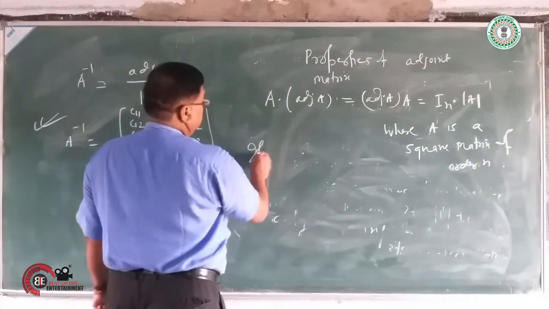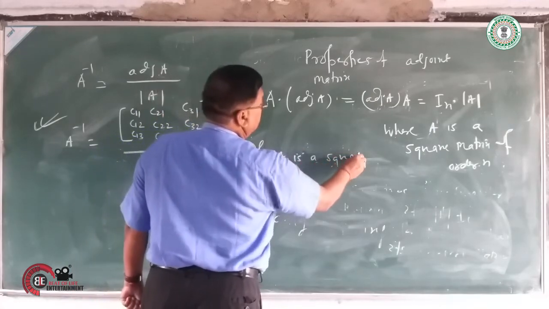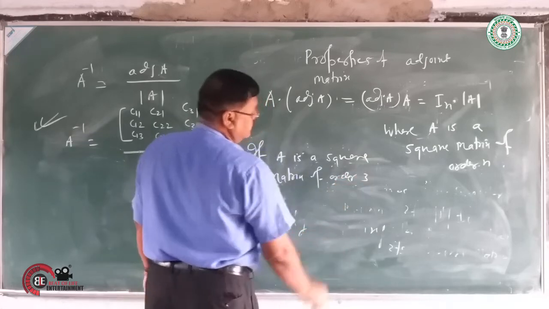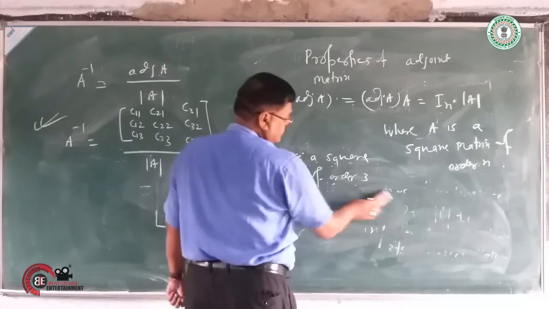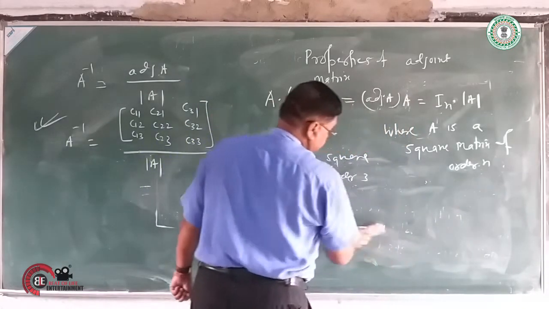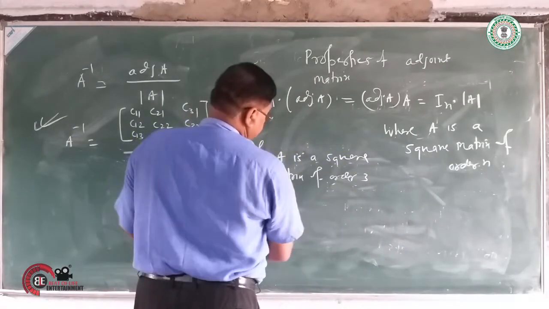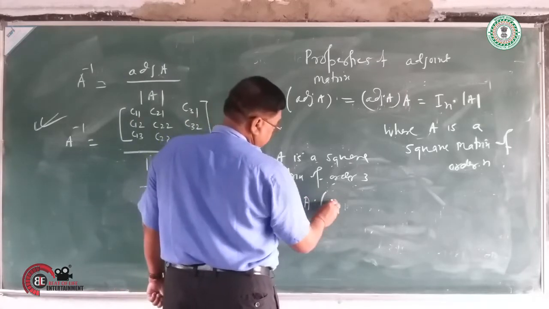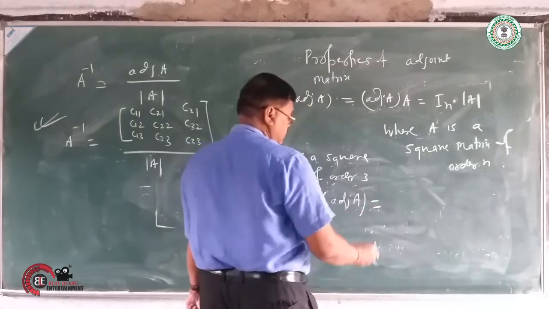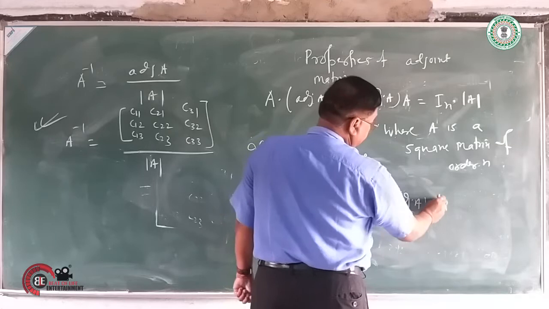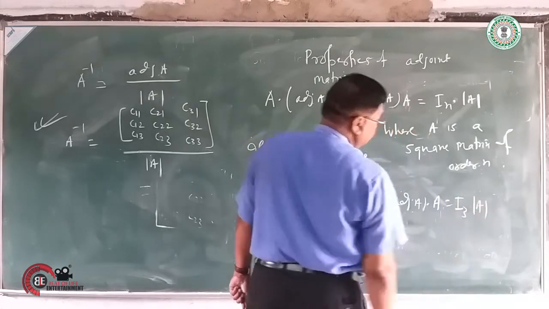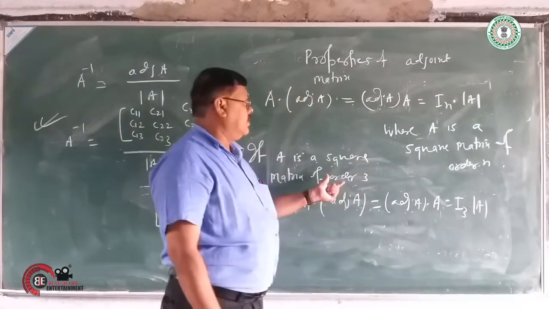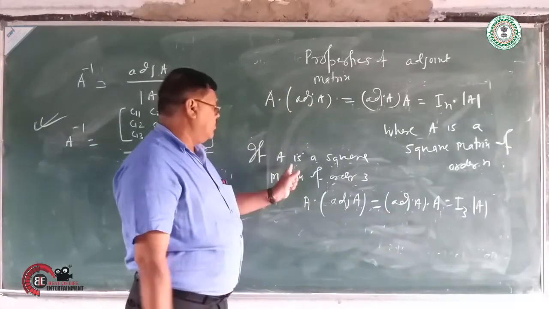If A is a square matrix of order 3, then A into adjoint A and adjoint A into A is equal to I3 into determinant A. So the unit matrix changes accordingly: if A is a square matrix of order 3, here it is I3; if A is of order 4, here it is I4; if A is of order 2, it is I2.